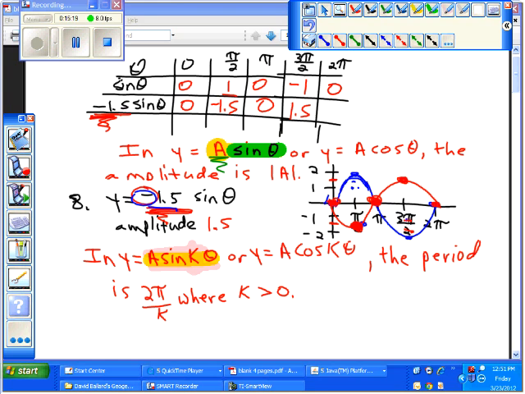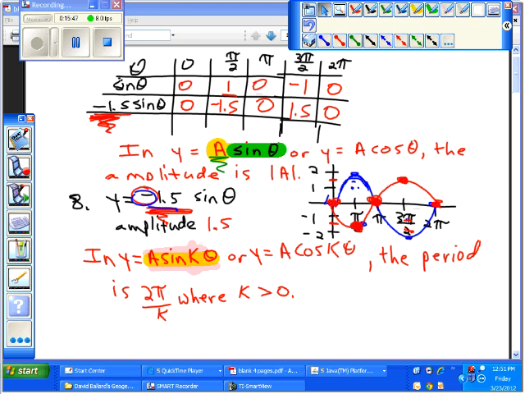The sine of 2 pi is 0, negative 1.5 times 0. So again, we could build a table and graph these, but if I don't let you use a calculator, you still have to know your unit circle stuff. And just write it down on paper instead of trying to do all that in your head, you see. All right, any questions on number 7 and 8? So that takes care of amplitude.